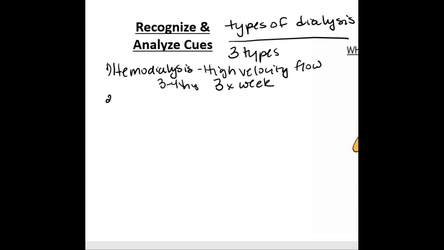The second type of dialysis that we're going to be familiar with is peritoneal dialysis. So peritoneal dialysis is the one in which we have the abdomen and we have the fluid that flows into the abdomen and then flows out of the abdomen. And basically it's a 3-step process for those folks: first inflow.